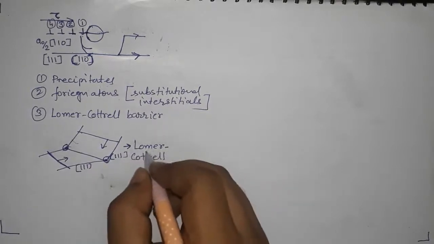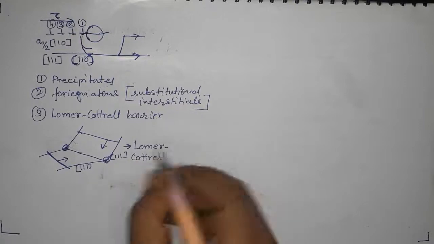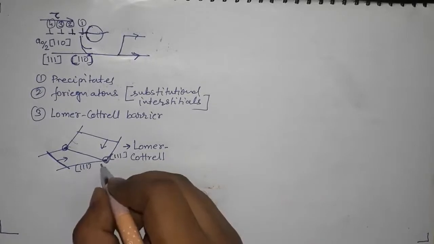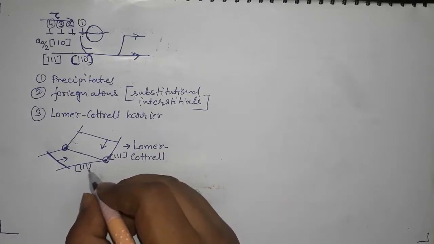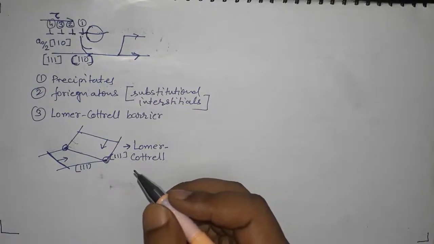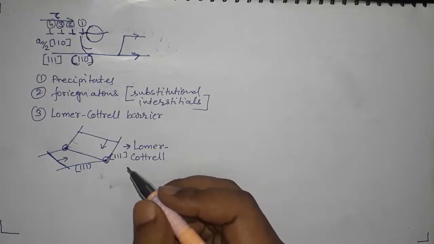And this does not require any change in orientation. This can happen in an FCC single crystal because you have more than one 111 plane in one unit cell itself, right? And those are not parallel.